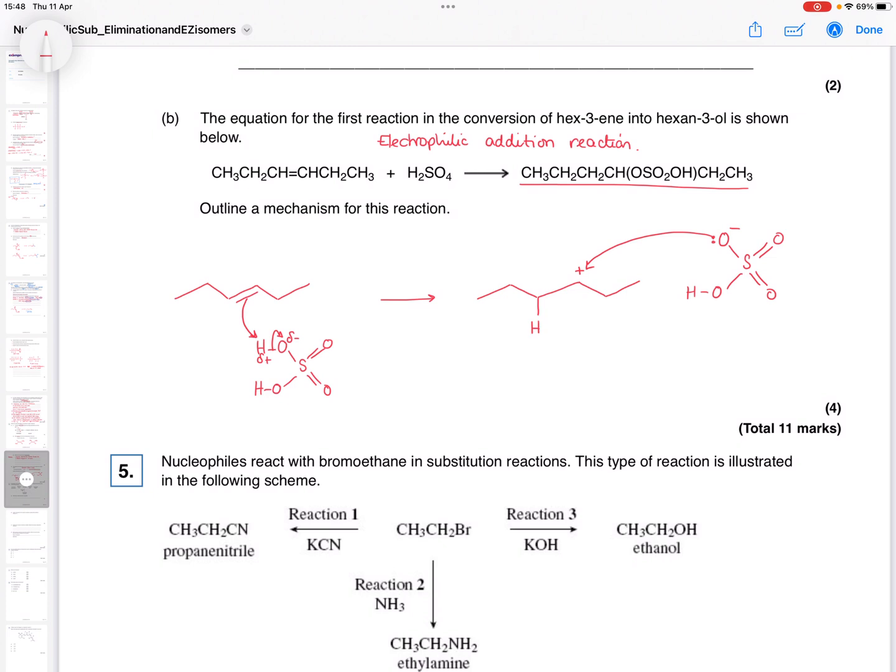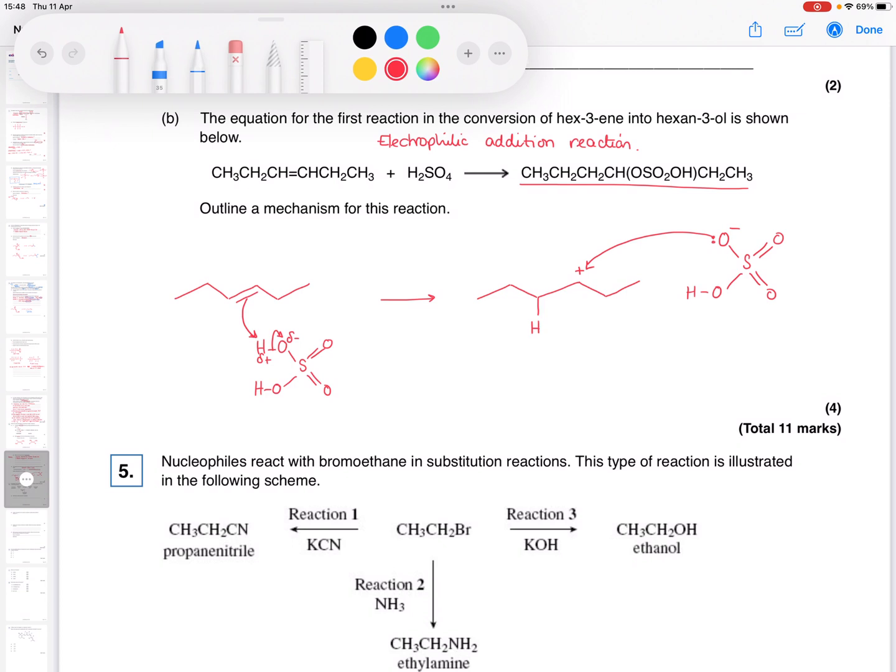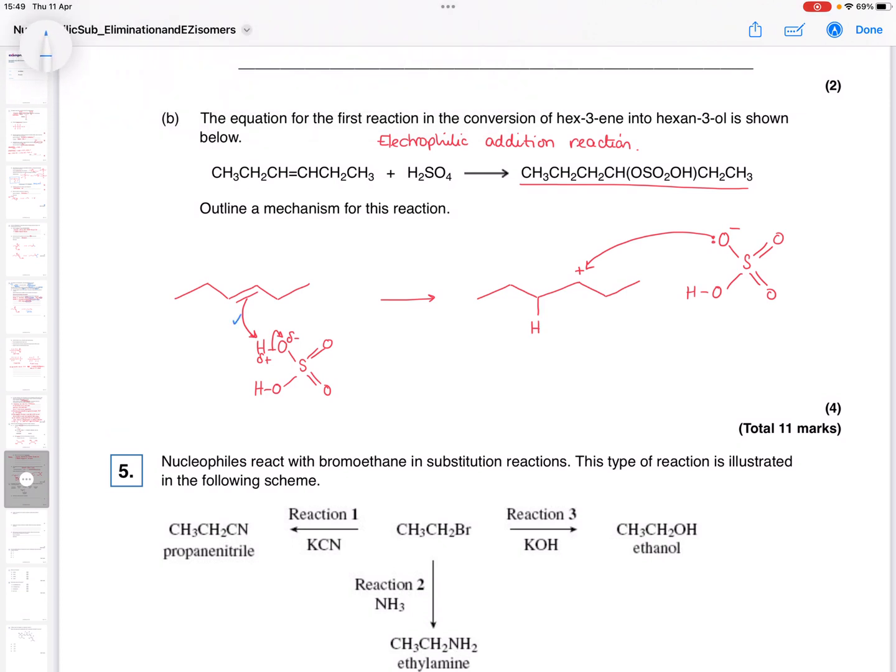In terms of the marking, this is worth 4 marks. So there's a mark for the arrow from the double bond to the hydrogen of the sulfuric acid, and a mark for the second arrow that goes from the bond between the hydrogen and the oxygen of the sulfuric acid to form the hydrogen sulfate anion.